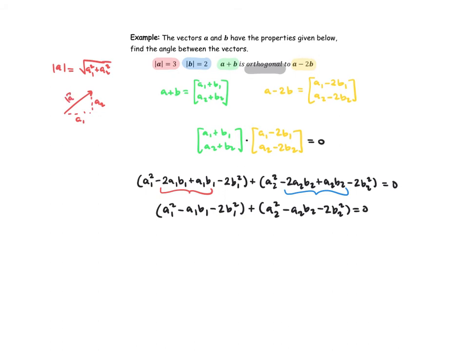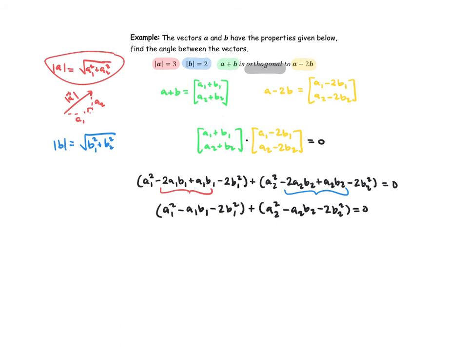So the magnitude of A comes out, using the Pythagorean theorem, to the square root of A1 squared plus A2 squared. Very similarly, the magnitude of B will equal the square root of B1 squared plus B2 squared. Very similar sketch. Okay, so let's see if we can identify some relationship between the magnitude of A and our expression here.